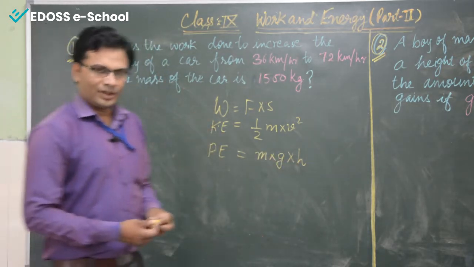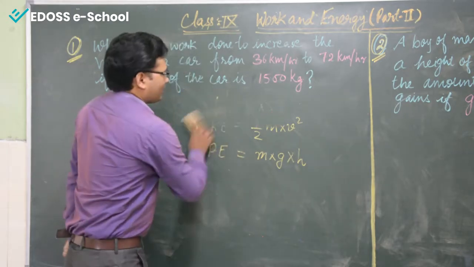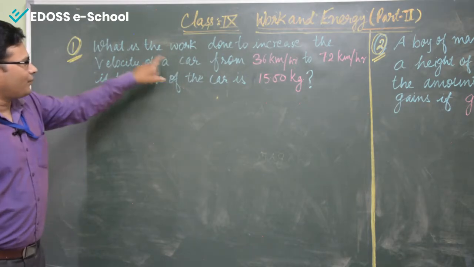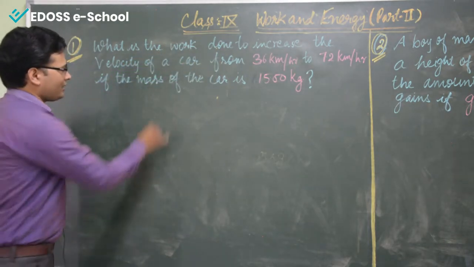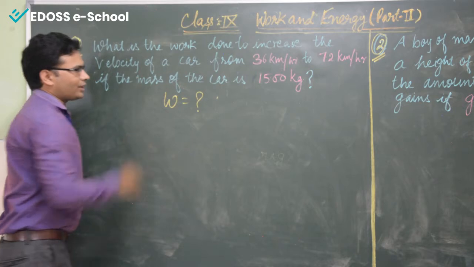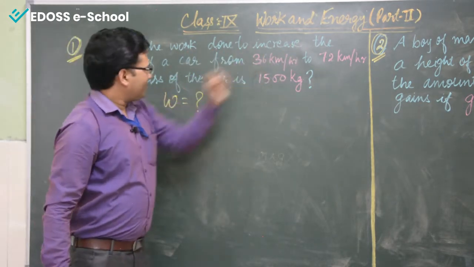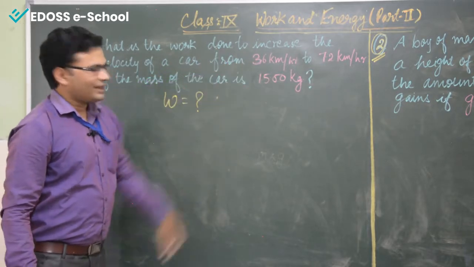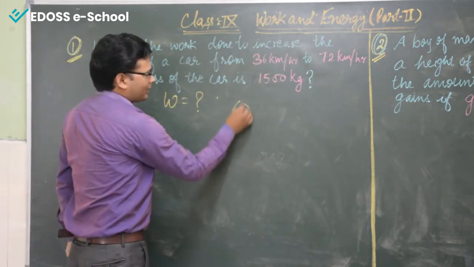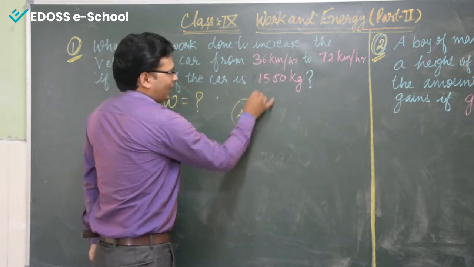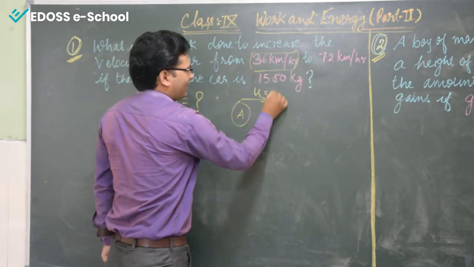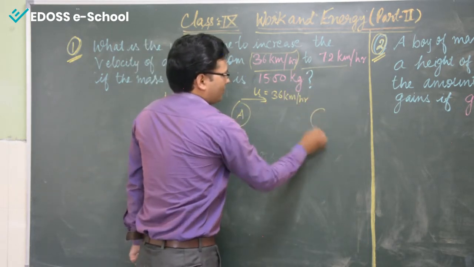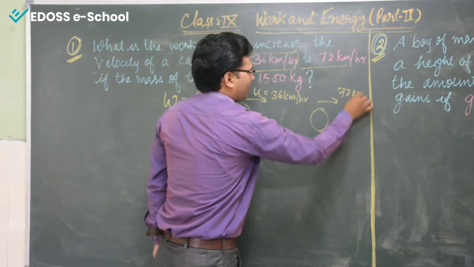Let us apply these formulas in these questions. So here as you can see, we have to find the work done. What is the work done in this case? So let us find the work done to increase the velocity of a car from 36 km per hour, suppose position A, to 72 kilometer per hour.